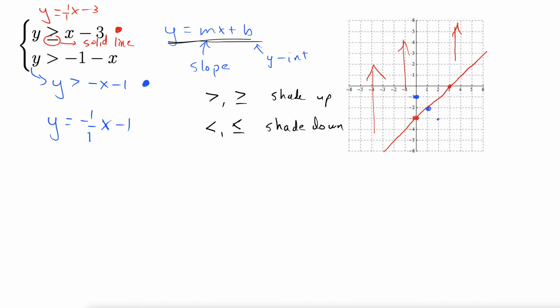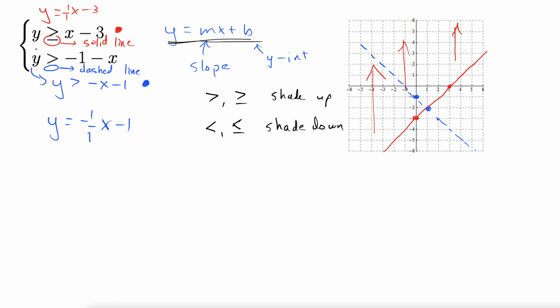Our line needs to be dashed because there is no equal sign here. So this is a dashed line. You could also do a dotted line. It should look something like this. Dash, dash, dash, going all the way down like so.